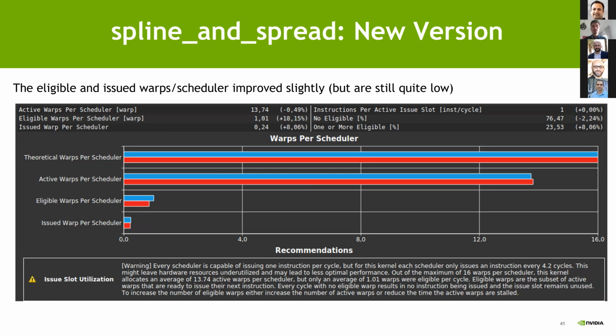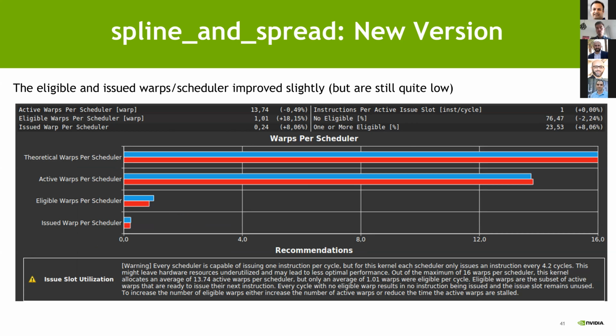The eligible and issued warps per scheduler in our scheduler analysis improved slightly, but not a lot, to be honest. So there's still headroom for optimization, right? Ideally, we would issue one warp every cycle, and we are at 0.25, so we only issue every 4 cycles, and could do a lot better.